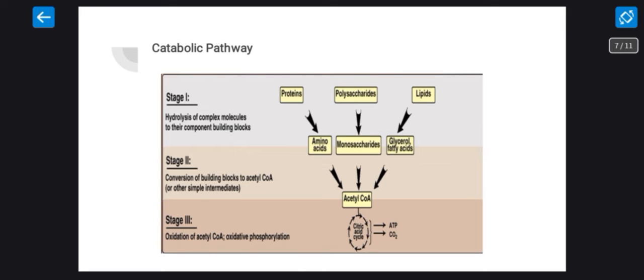Stage 3, oxidation of acetyl CoA and oxidative phosphorylation. Here, proteins, polysaccharides and lipids, which are our complex molecules, are converted into amino acids, monosaccharides, glycerol and fatty acids respectively. Then these are later converted into acetyl CoA, and they finally give us energy in the form of ATP. This is basically the catabolic pathway.